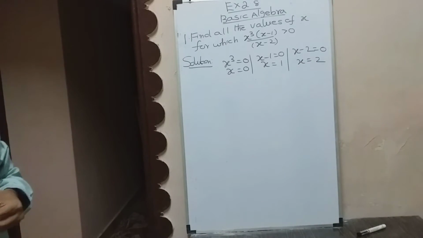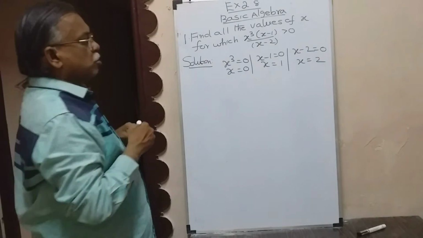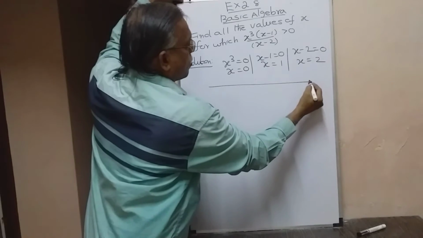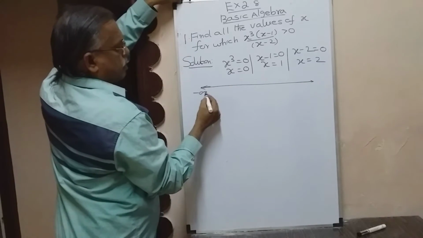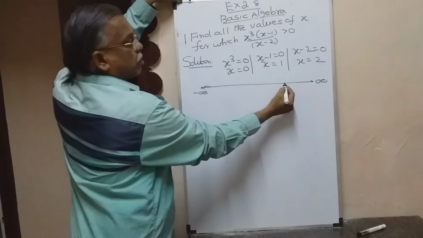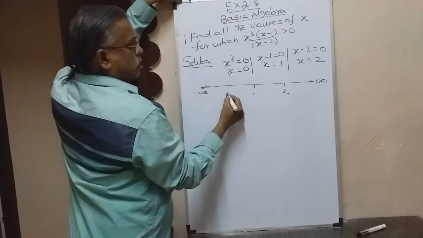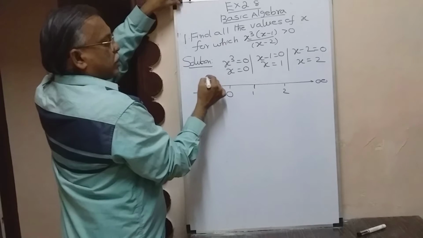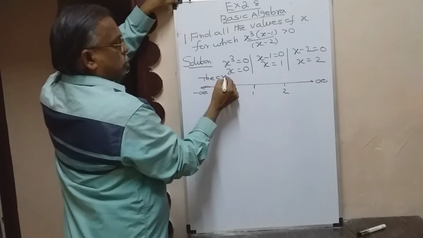Okay students, next step, what should you do? You should mark these values on the real number line. Before that, you should write these are the critical points. Minus infinity, this is plus infinity. So this is 2, this is 1, this is 0.